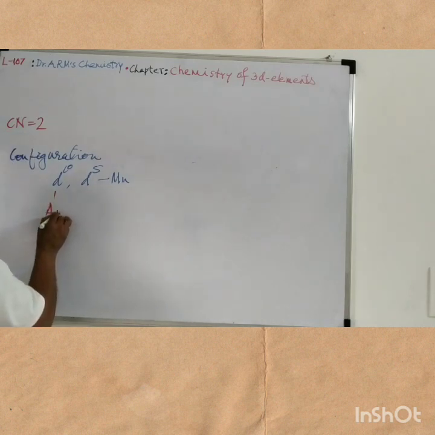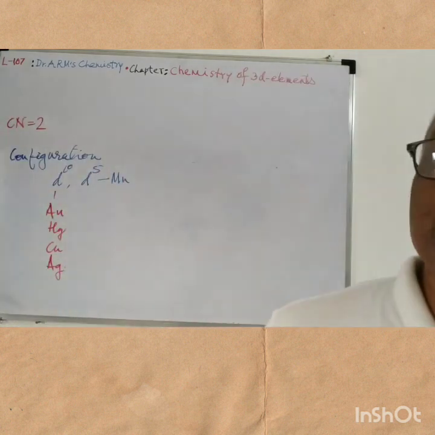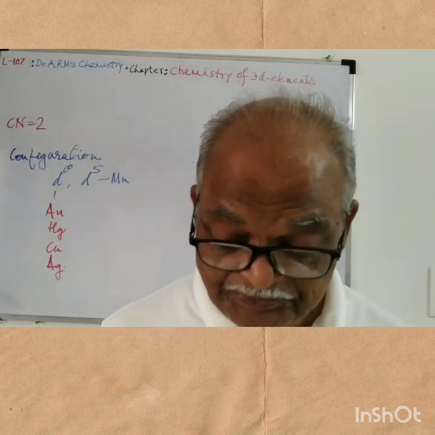There are several examples of this configuration of d10. There you will find Au, Hg, or Cu, copper. Ag is also there. So these metals can give complexes with coordination number 2.